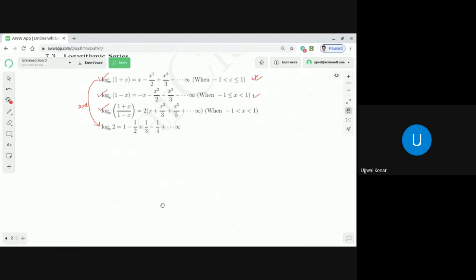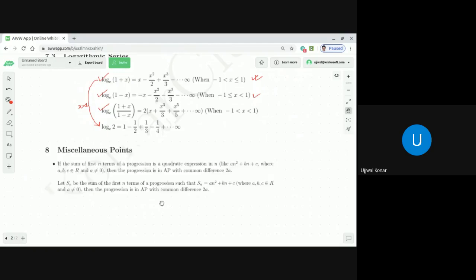What is that? It says that if the sum of the first n terms of an arithmetic progression is a quadratic expression in n, that is an squared plus bn plus c, where a, b, c belong to R and a is not equal to 0, then the progression is in AP with common difference 2a. I repeat, if the sum of the first n terms is a quadratic expression like an squared plus bn plus c.